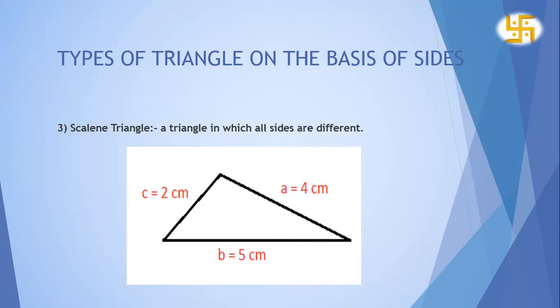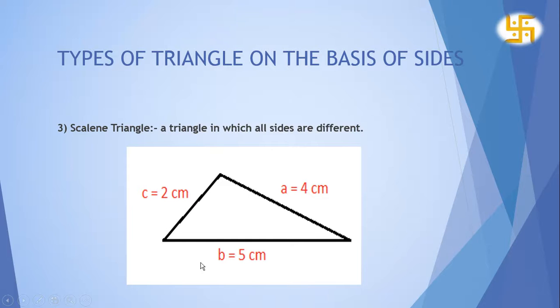The third type is the scalene triangle. A triangle in which all sides are different. See here, 3 sides, 1, 2, 3. The length of the first side is 2 cm, the length of the second side is 4 cm, and the length of the third side is 5 cm. We can also give names to the sides.